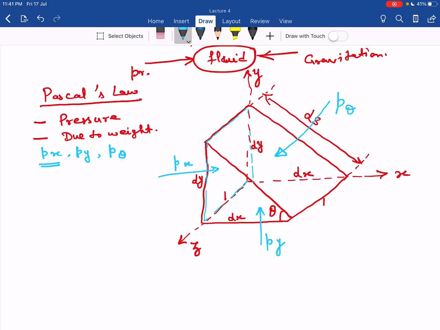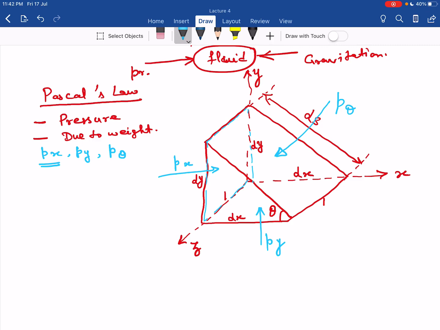Okay. So now we resolve these forces along the x direction. Forces means we resolve these pressure intensities. So pressure intensities multiplied by the corresponding normal area give you the pressure force. And now we resolve the forces along the x and y direction.